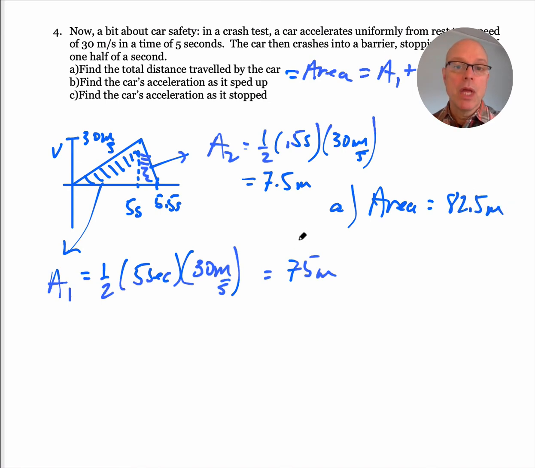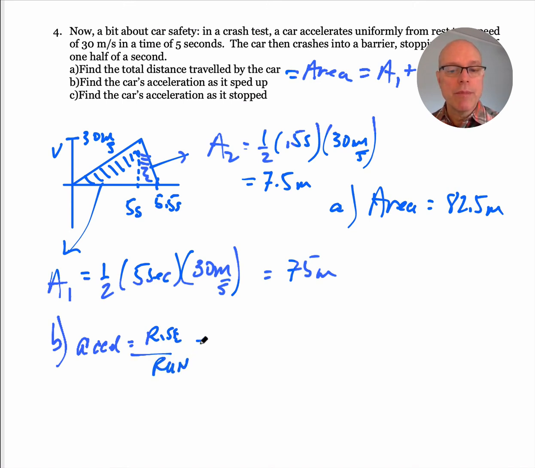There you go. Okay. Now, B and C, pretty easy to figure out if you just use your graphing skills. So B, what's the acceleration of the car as it speeds up? It's going to be the slope of this line. So acceleration equals the slope of the line, and that's rise over run. Rise is the same thing we've been talking about.